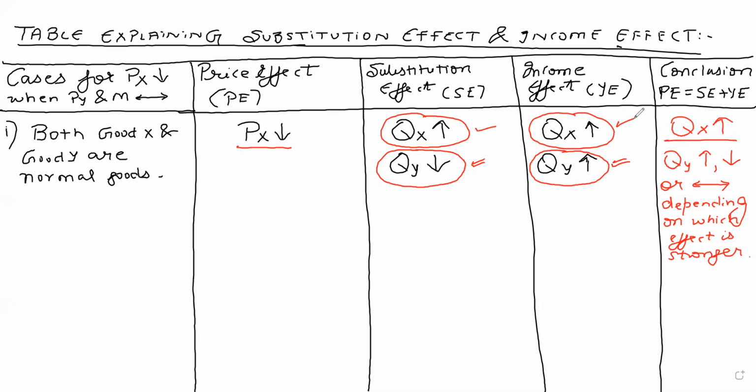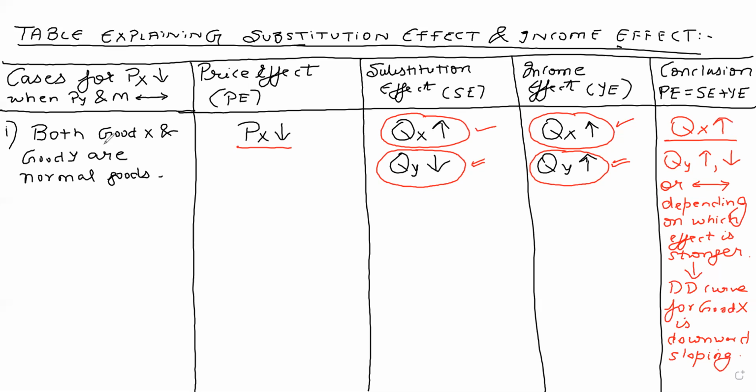So what can I say? In this case, I can say that my demand curve for good X is downward sloping. Demand curve for good X is downward sloping.